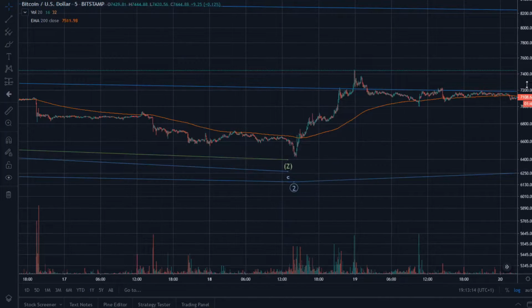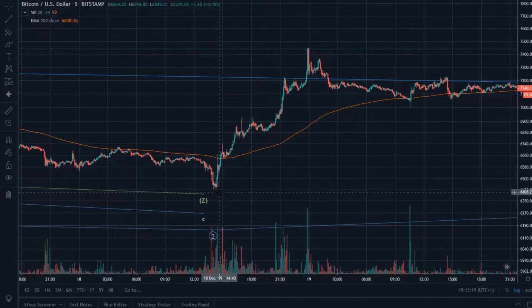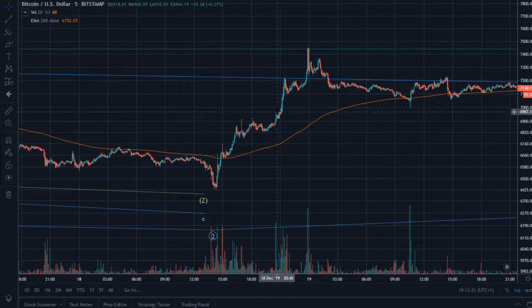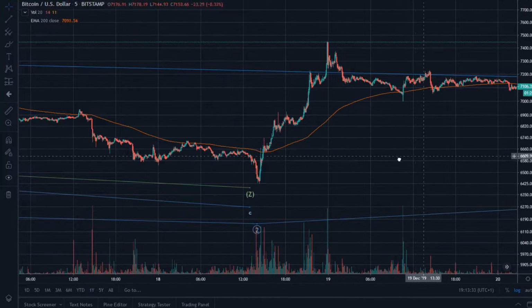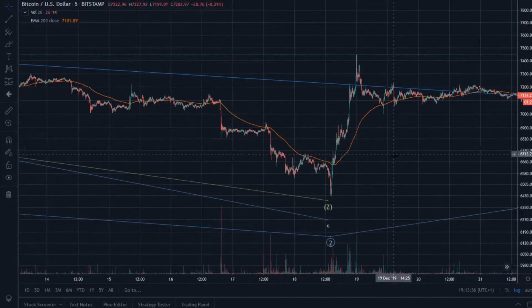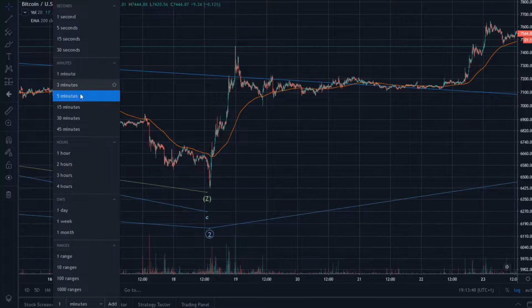I mean, you could go ahead and say, well, maybe we had a 1, 2, this is a long 3, a wave 4 in a triangle form, a little bit running, this low being higher than this low, and then a wave 5 to top it all off, and then heading into correction mode. This is definitely a possibility, but right now, yeah, I don't know.